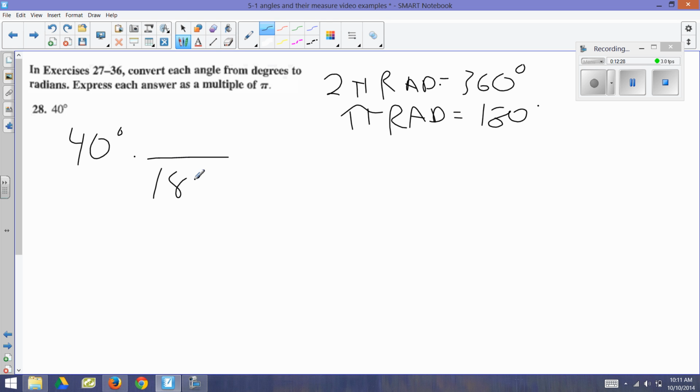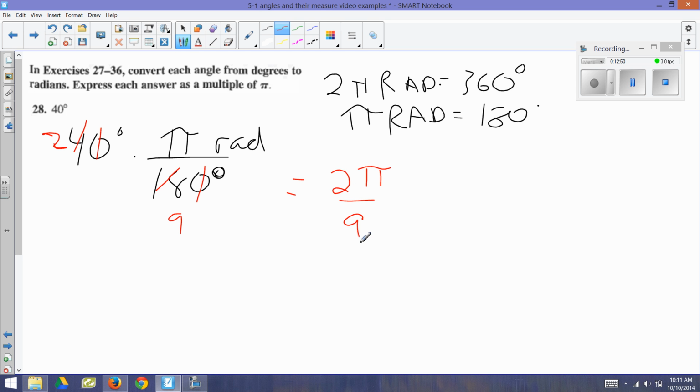I need degrees on the bottom, radians on the top. And leave it in multiples of pi. So this time I will not be using my calculator. The zeros cancel out. 4 over 18 would be 2 over 9. So the answer ends up to be 2 pi over 9 radians.